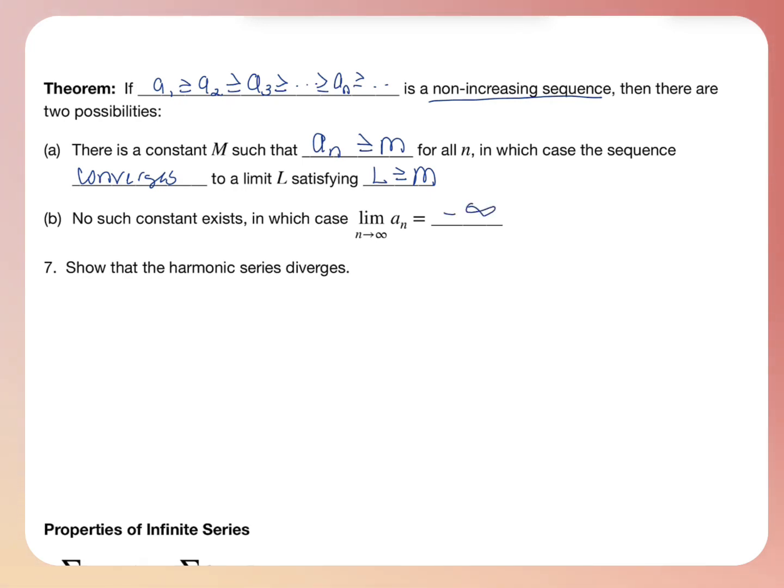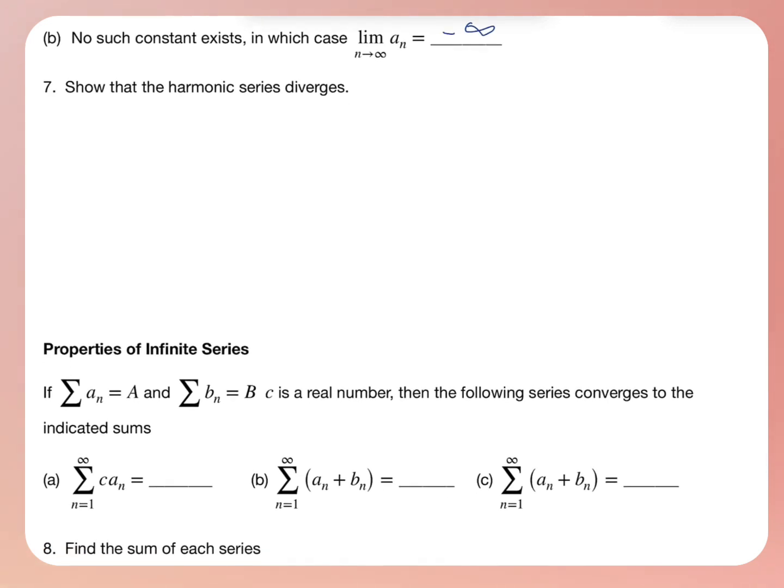If no such value exists, then it diverges to negative infinity. So let's look at the harmonic series and prove that it diverges.